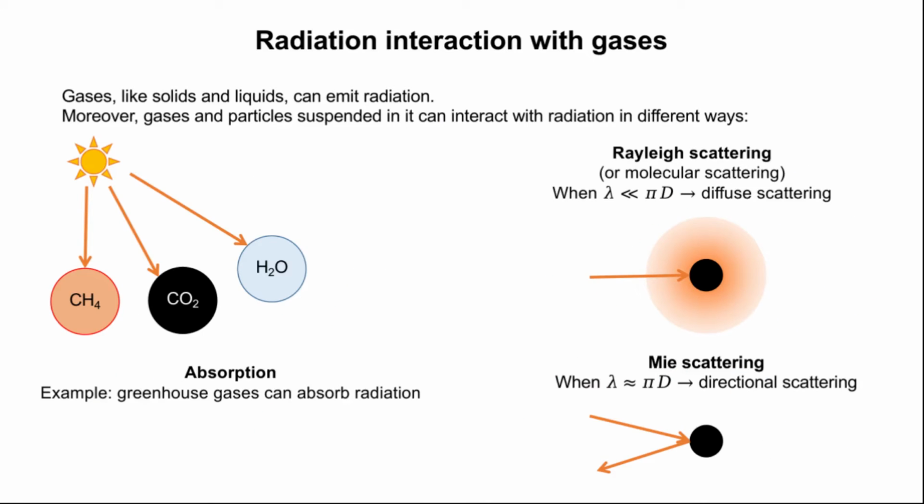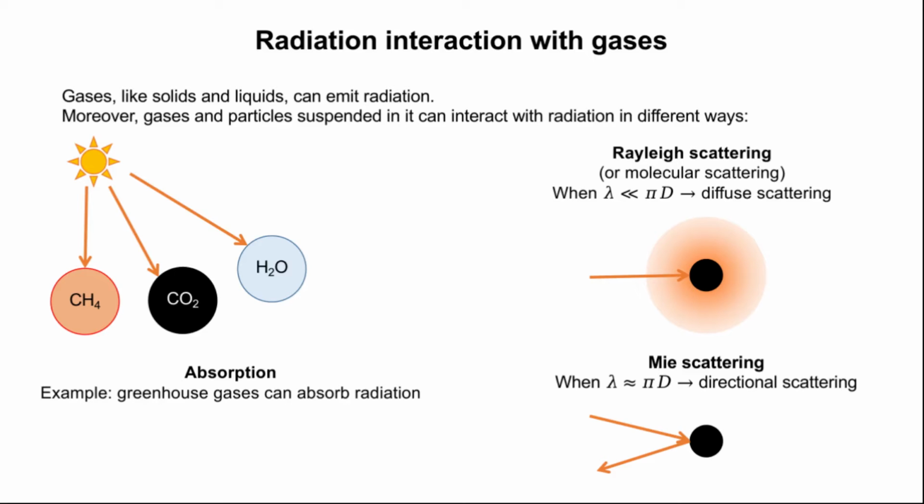Gases, like solids and liquids, can emit radiation. Moreover, gases and particles suspended in it can interact with radiation in different ways. Some gases, such as greenhouse gases like water, carbon dioxide and methane, are capable of absorbing radiation. When interacting with gas molecules, or particles suspended in a gas, radiation is also scattered, and scattering can be distinguished in two kinds.